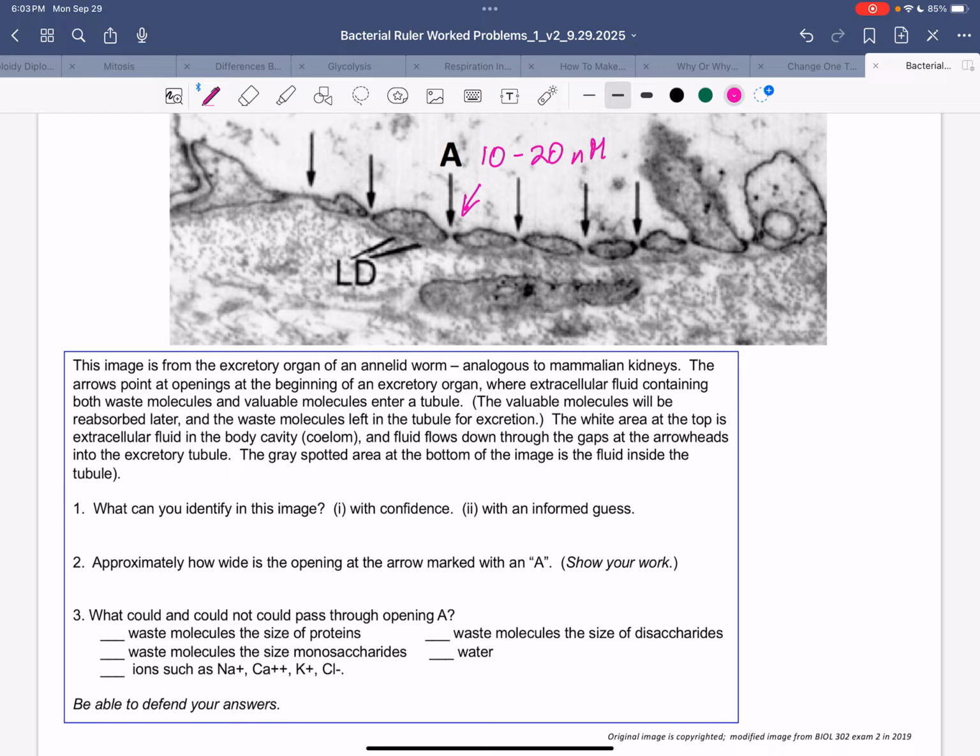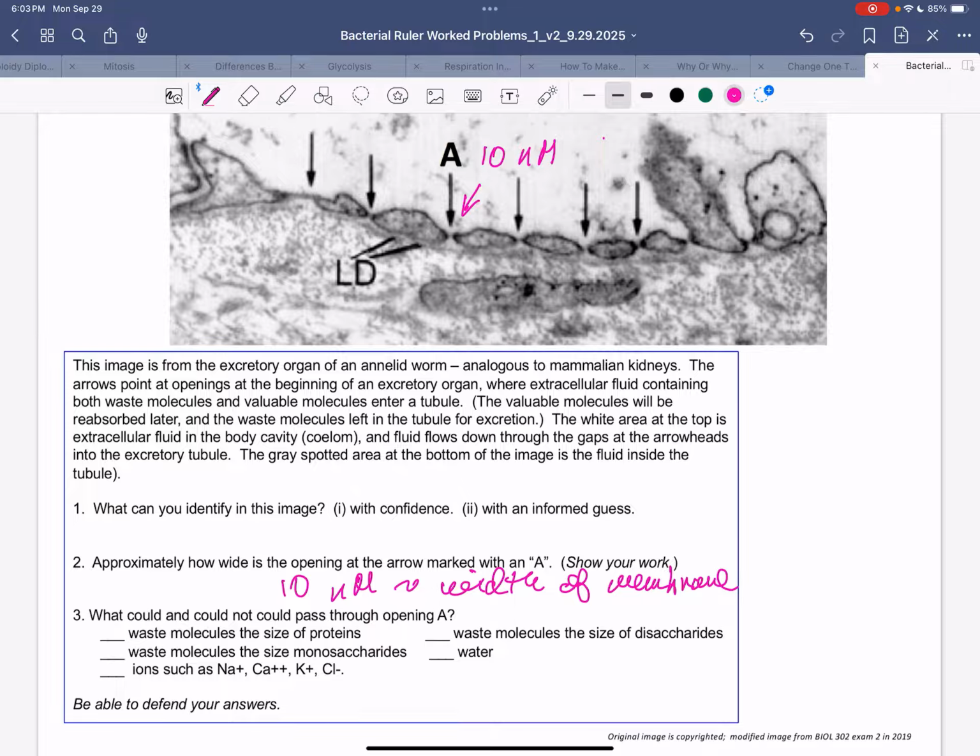So approximately how wide is it? Thinking about it here, I'm actually looking at it, it does not look like it's 2. I'm going to go with 10 nanometers. So 10 nanometers, about the width of a membrane.